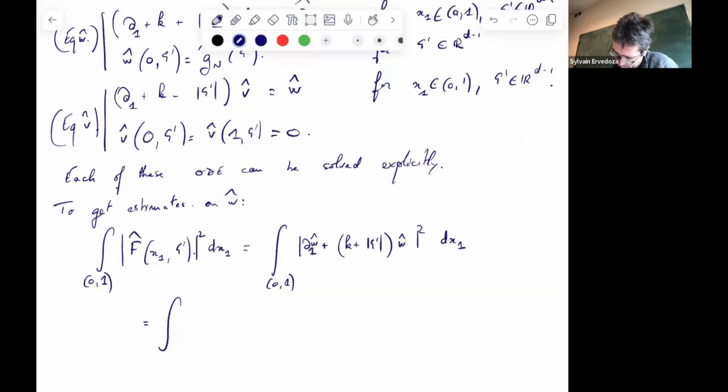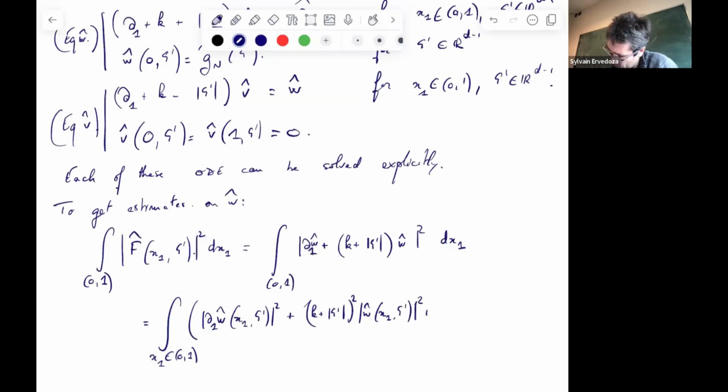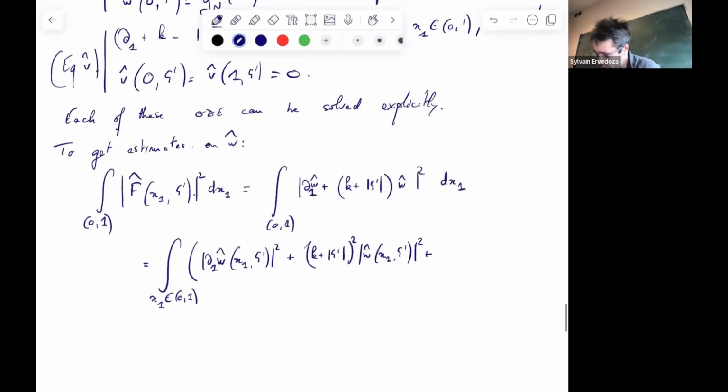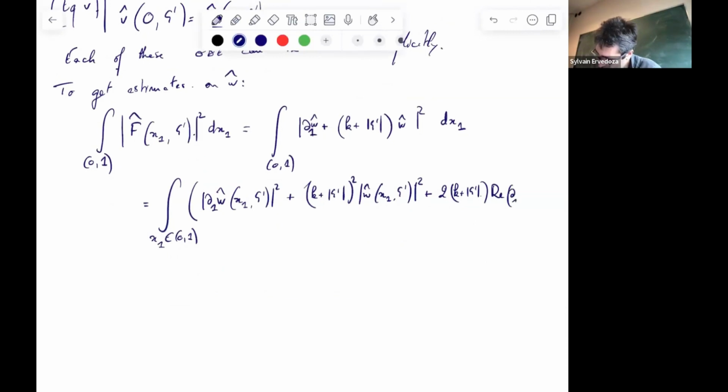So this equals the integral for x1 in (0,1) of d1 w hat plus the modulus of k plus psi prime square w hat of x1 psi prime square, plus, so there is a cross product, which will be 2 times (k plus psi prime) times the real part of d1 w hat times w hat bar, dx1.